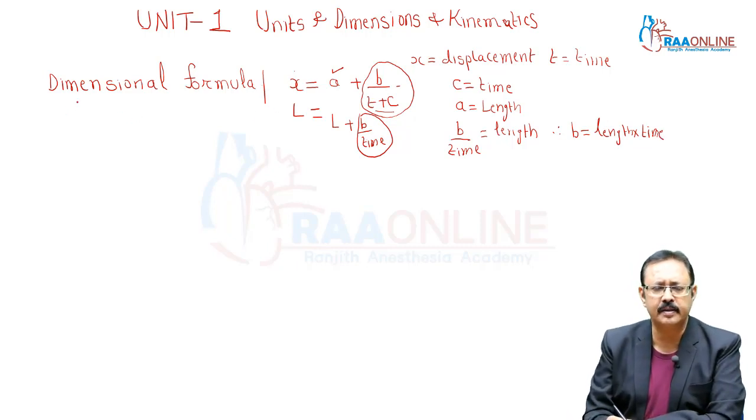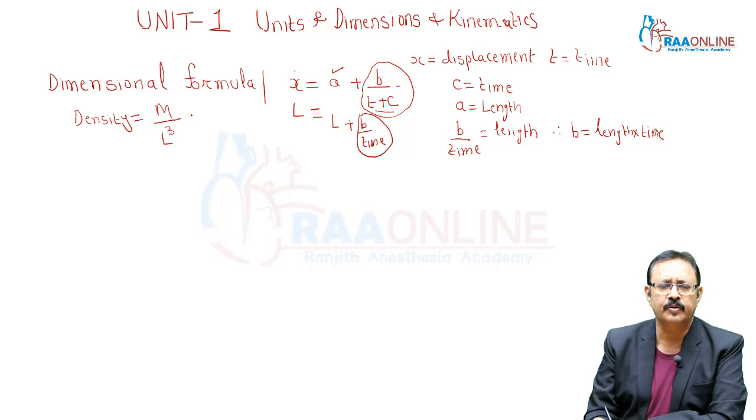Dimensional formula means, if I want to calculate the dimensional formula for density, you should know the formula related to density. It is mass upon volume, and the unit of volume is meter cube. Length is multiplying thrice. So I got the dimensional formula for density, ML to the power minus 3. If I am using this sign and writing this in brackets, it is the dimensional formula.